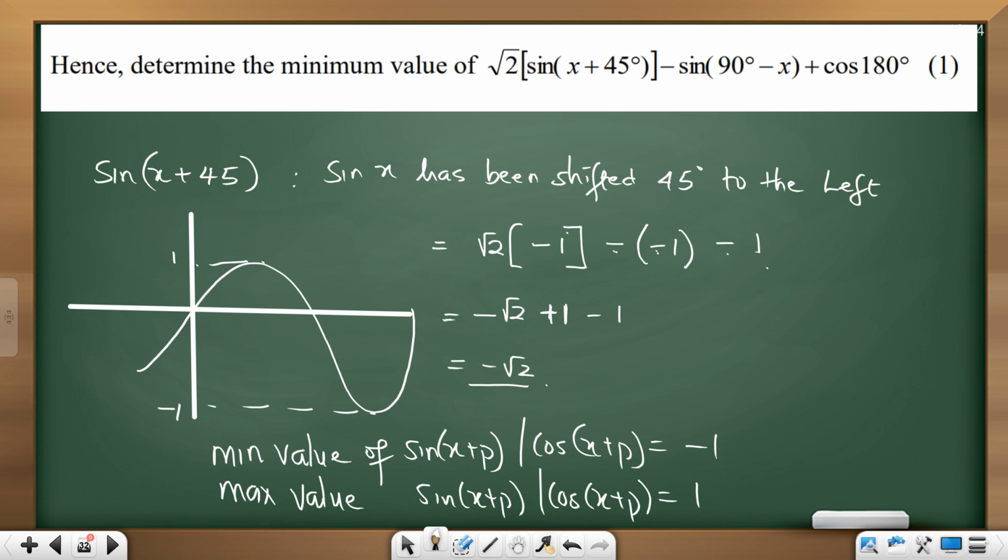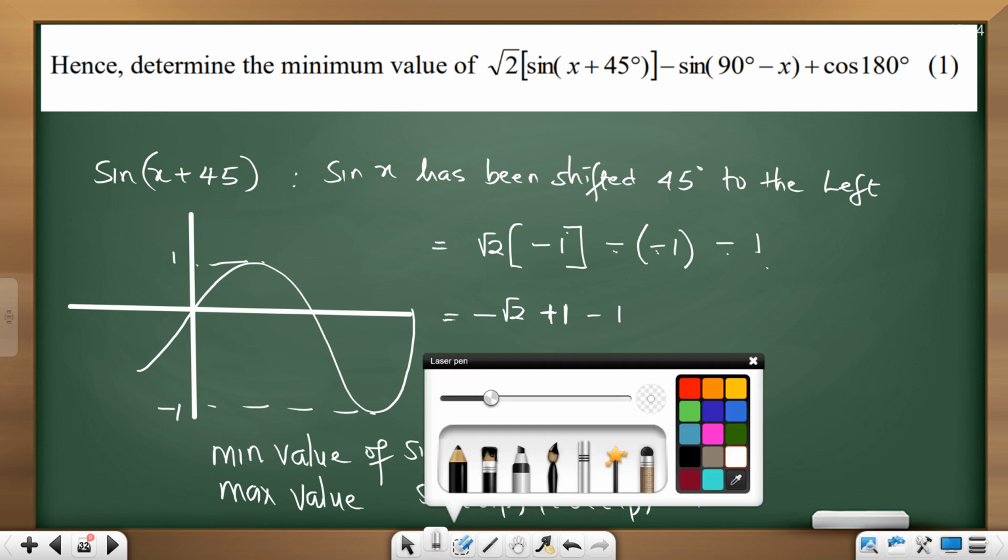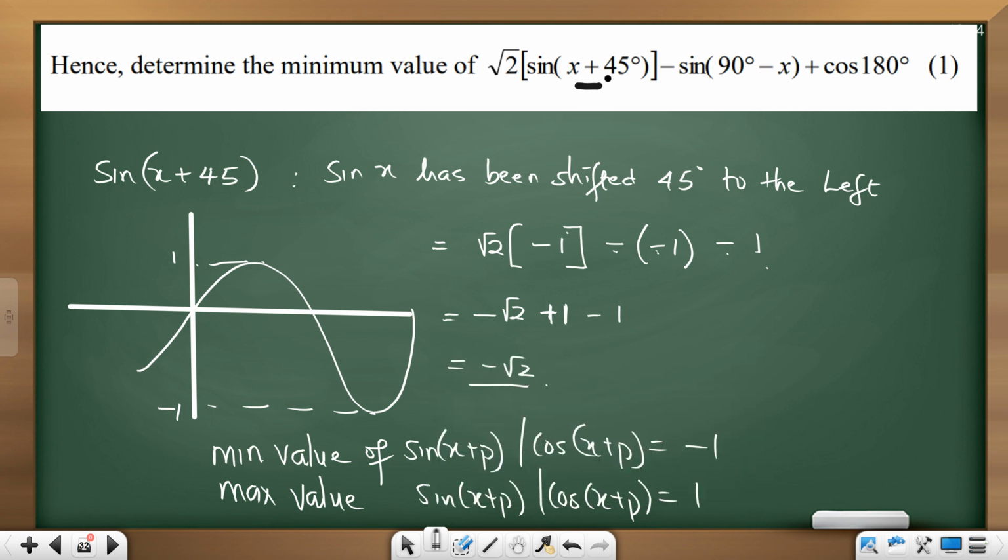It is equal to 1. So the minimum value here, I'm going to use a highlighter. Minimum value is -1. That's it. This graph is cos x. What is the minimum value? -1. So I have my minus and that my -1. And cos 180 is the value itself, -1. We simplify this and we get -√2.